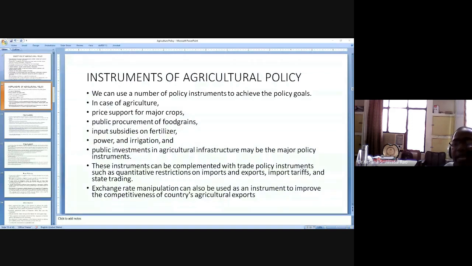The government has to decide what type of price this product can be purchased at from the farmers. So they formulate one policy: the minimum support price has to be extended to each and every farmer, so that the policy can be implemented everywhere. At least the farmer should not suffer.